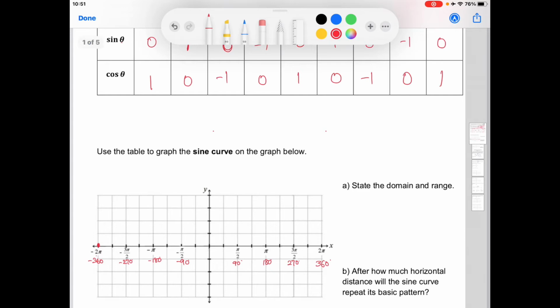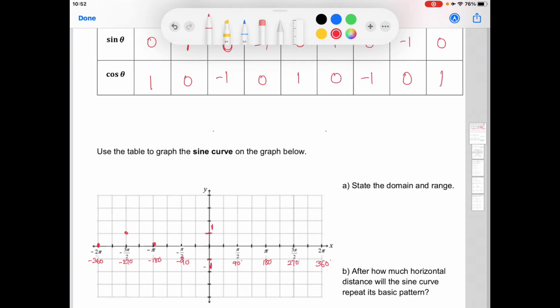So sine of negative 360 is 0. Negative 270 is 1. I'm not going to scale it. I'm just going to keep this one, and then this would be -1. What I mean by scaling is, I could have gone up above and done it.